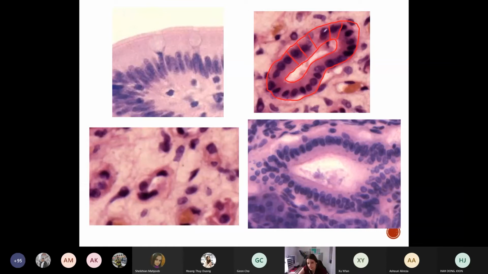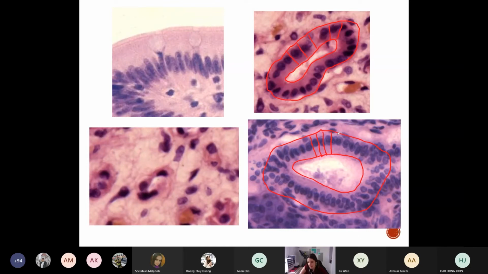If you take a look at this, you can see that approximately it's the same. The cells are a little bit taller than their width, but still it's more like a cuboidal cell. In the lower right corner, if we do the same, this would be the base of the cells and this would be the apex, the apical surface of the cells. If we draw the cell borders, we will see much taller cells. These are columnar cells.